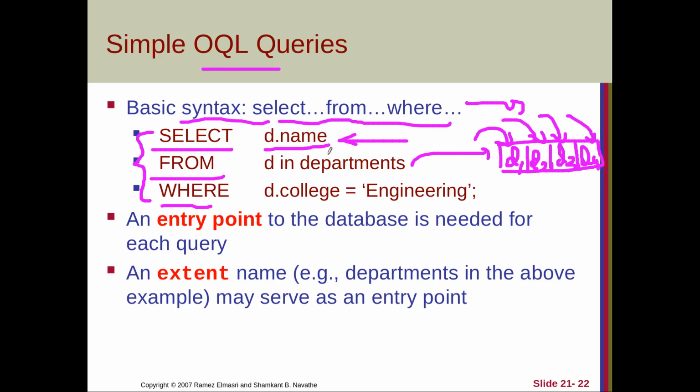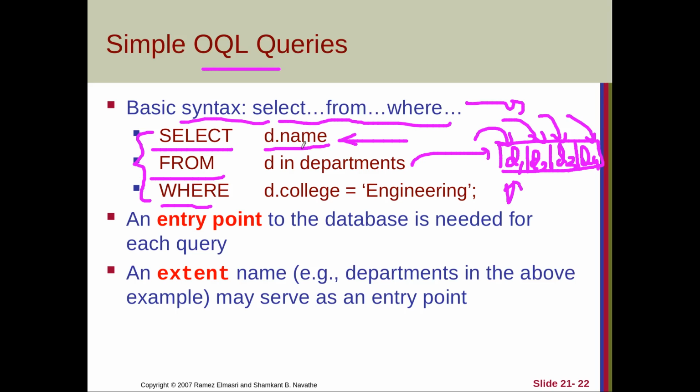Which name? D dot name means the name of the current iterator, maybe the first time in the first position or 0th position. From D in departments, first department, take that name, D dot name. That is the way we use the iterator variable in the OQL query language.